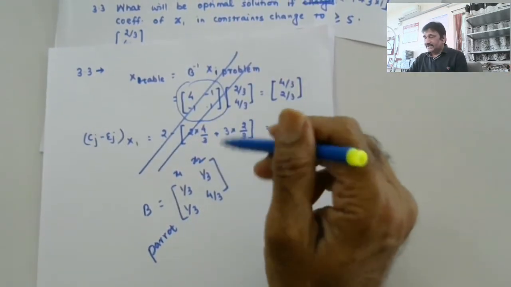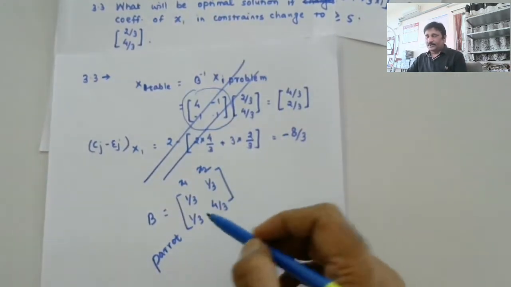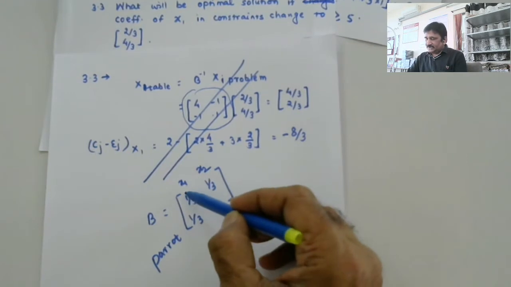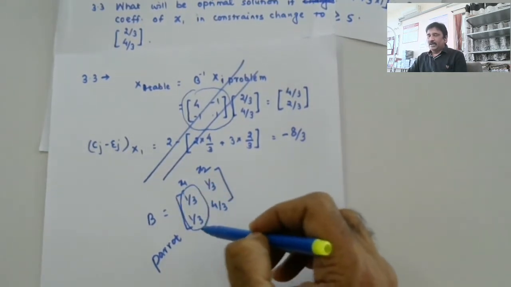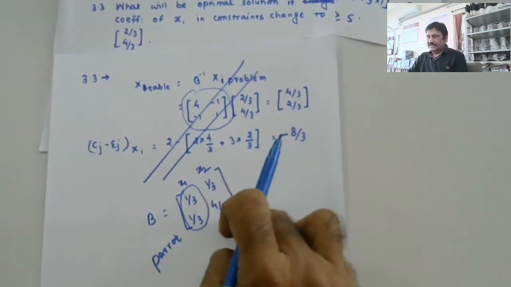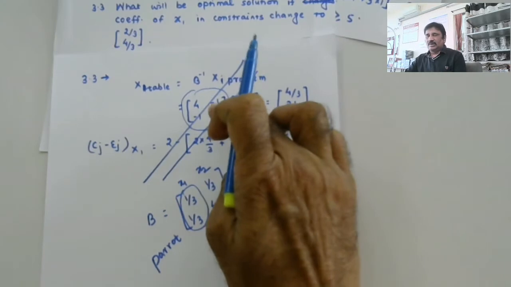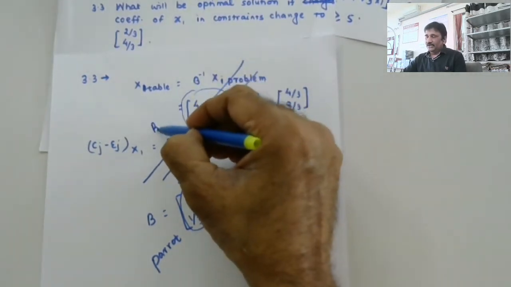So that is exactly what we are doing to this matrix in question 3.3. We are changing these coefficients 1 by 3, 1 by 3 to 2 by 3 and 4 by 3. And as soon as I make any change in here, this matrix no longer survives. This is no longer B inverse.